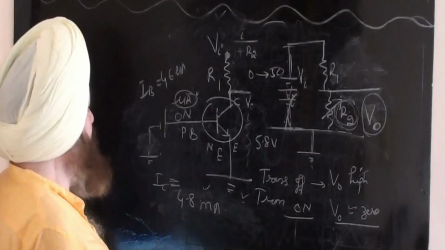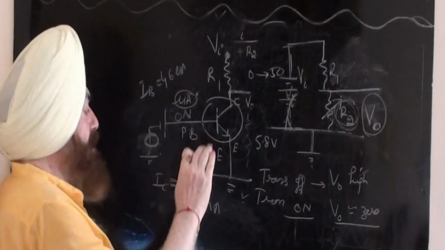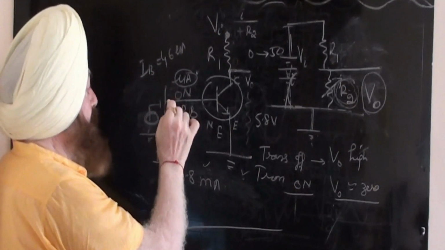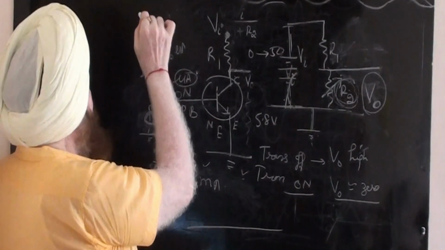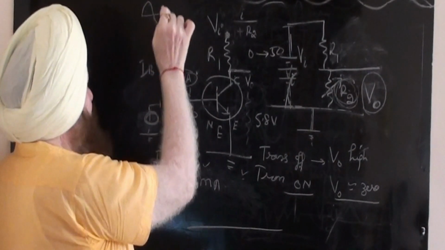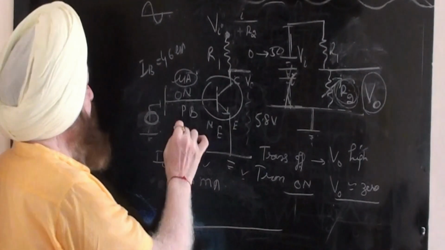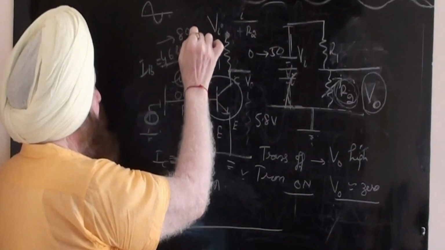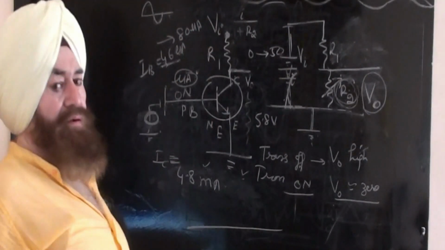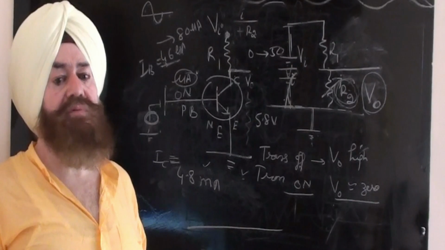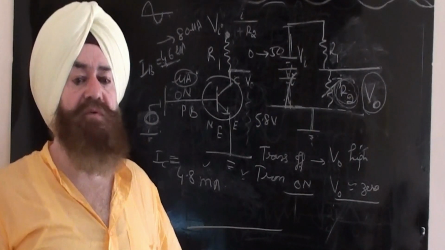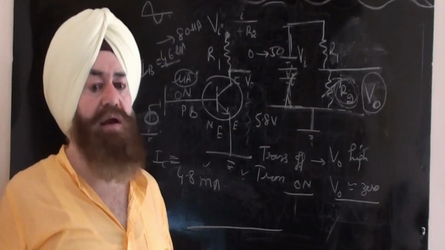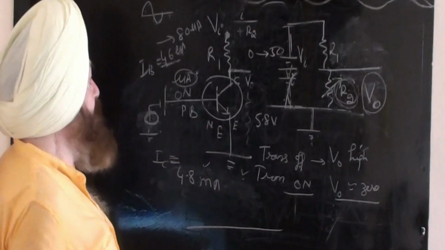Now when the signal comes here, the signal is varying. With my signal, the base current is going approximately from 50 to 80 microampere. When the base current goes from 50 to 80 microampere, the collector current will go from 4.8 milliampere to 7.7 milliampere.